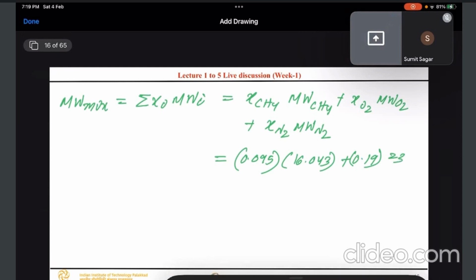And 32 is the molecular weight of oxygen.